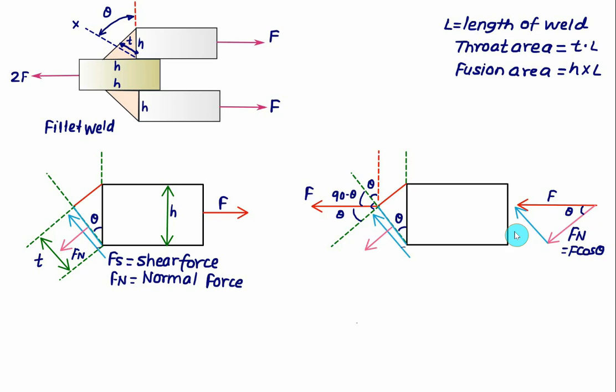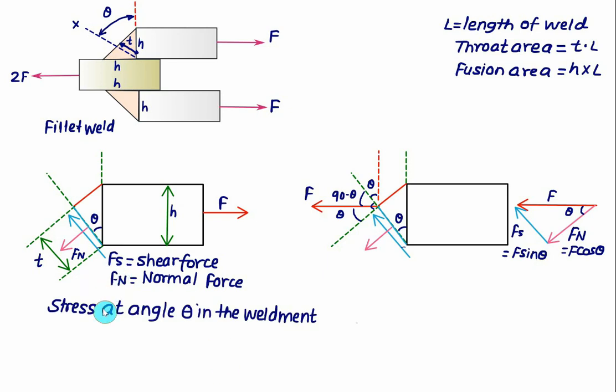And this one is our shear component, Fs, which is opposite. So the value of Fs will be equal to F into sine theta. I hope this idea is clear, how we resolve the force F and get the contributions of Fs and Fn. So Fn, which is acting perpendicular to the throat, will develop the normal stress, and Fs, which is acting parallel to the throat, will develop the shear stress.